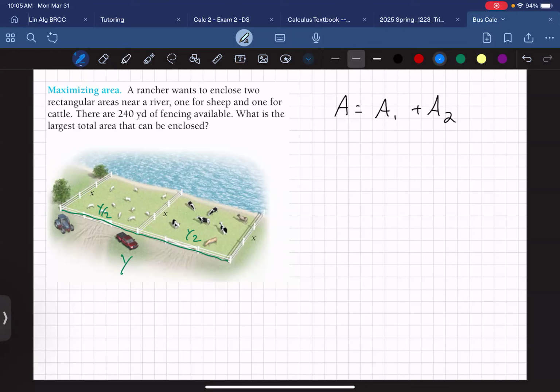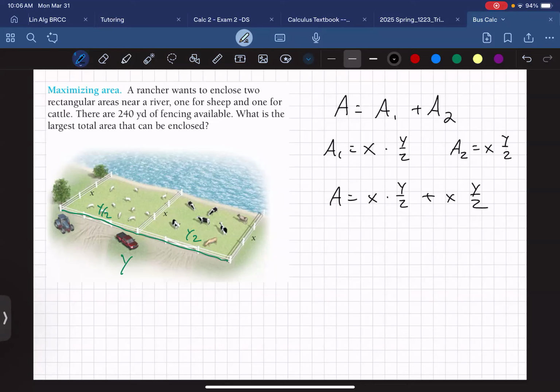That will be nice here because when we deal with this, we'll say area 1 will equal x times y over 2, and then area 2 will equal x times y over 2. When you add those together, well, those are both the same thing.